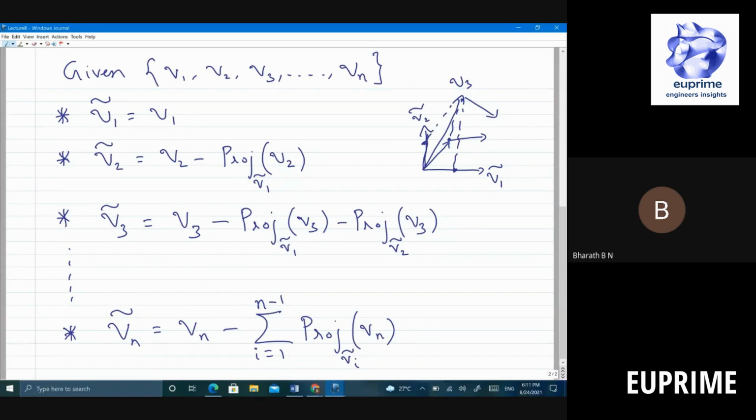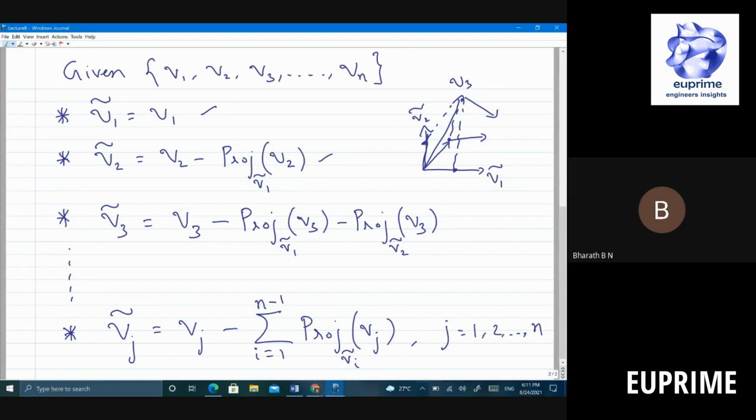So maybe instead of vn, I'll write it as vj. Okay, so basically j is 1, 2, etc., n. If I substitute j equal to 1, I get back the first step. j equal to 2, I get the second, and so on. Okay, this is a simple orthogonalization procedure. Nothing fancy or anything, right?